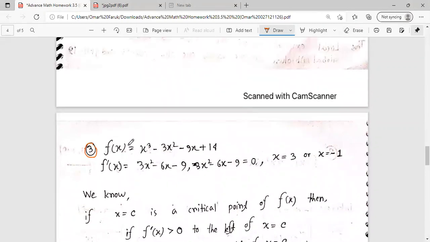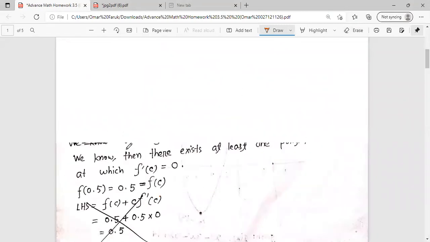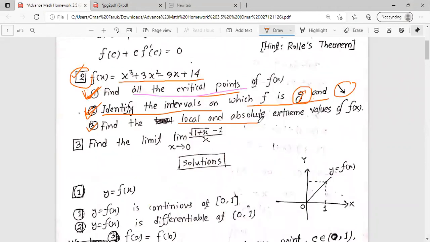So let's look at number 3. The question was, you have to find the local and absolute extreme values. Local extreme values means local minimum and local maximum, and absolute extreme means global, that means the highest point.